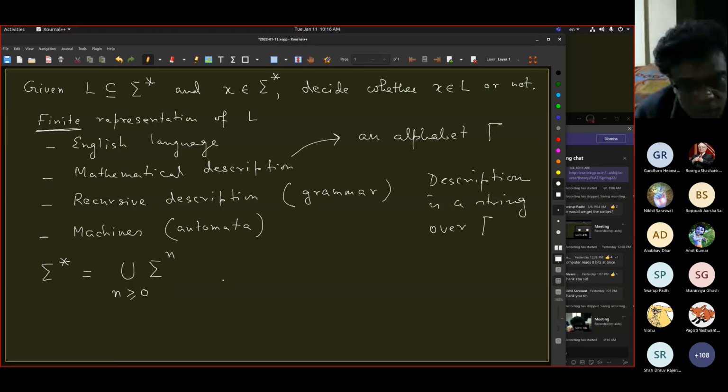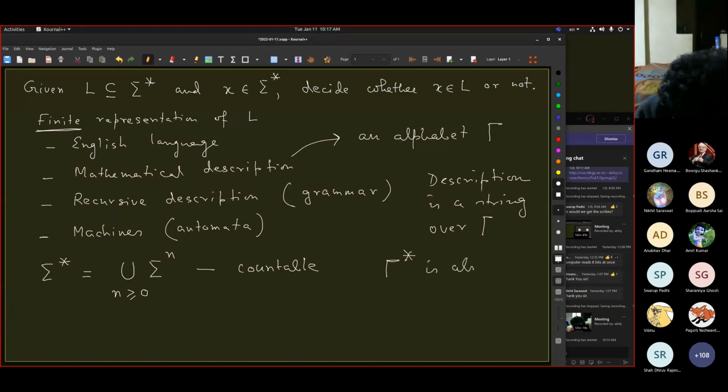So what is the size of this, countable or uncountable? Countable. Countable, great. So this is countable. Good. Likewise, if I look at this other alphabet, gamma star is also countable.